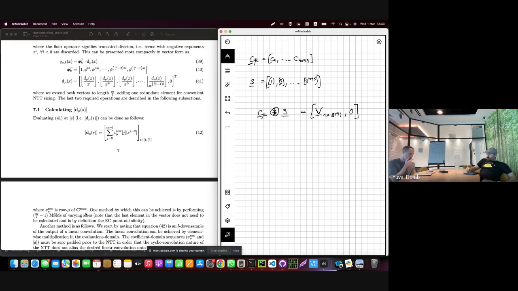Now, look at what I want to do. I want to take V, and then I want to subsample it. Let's call this V tilde.